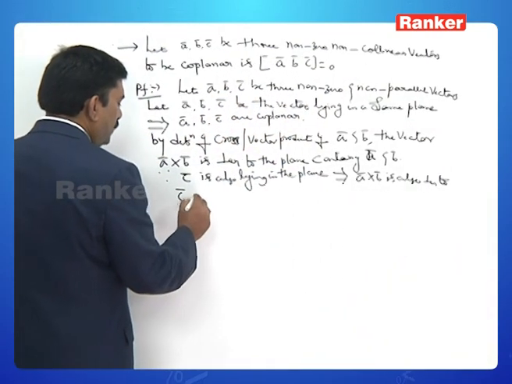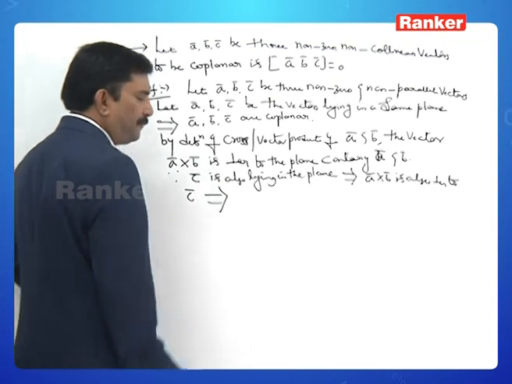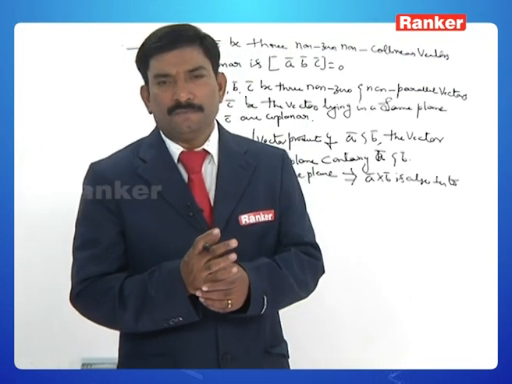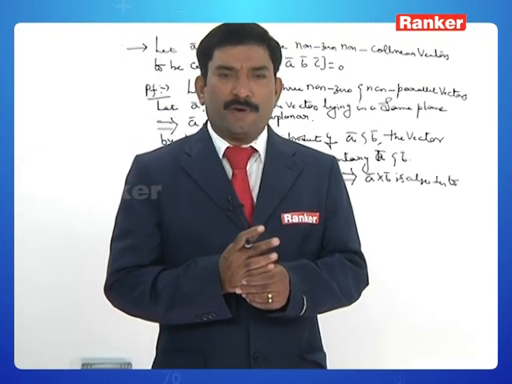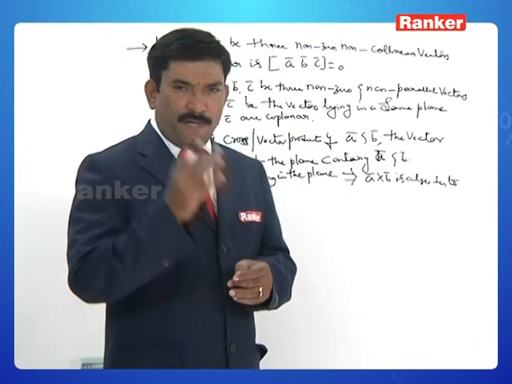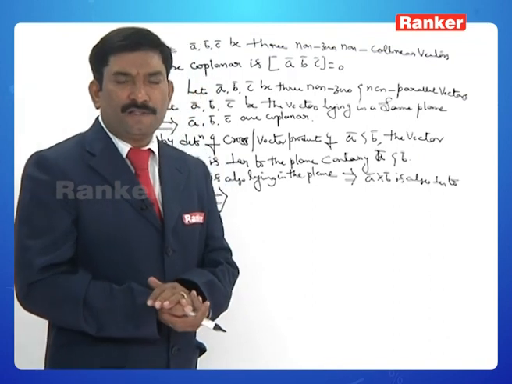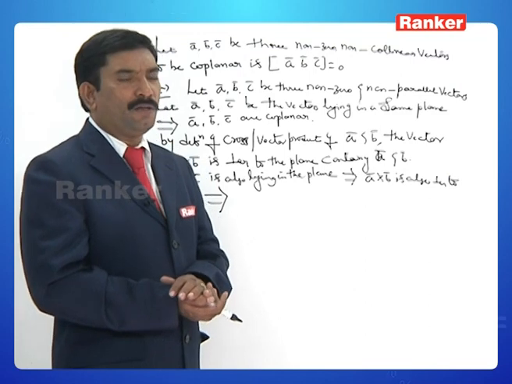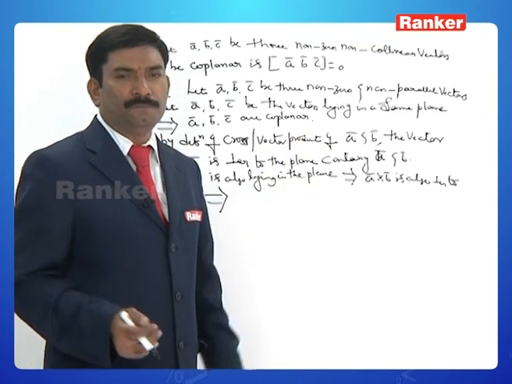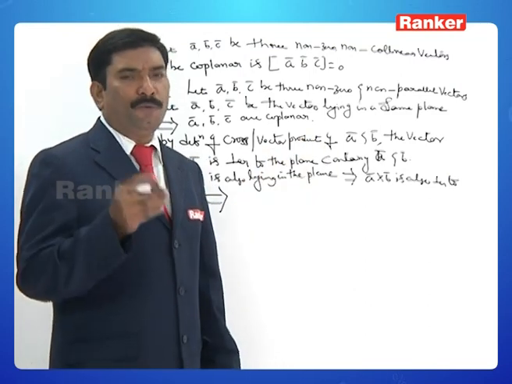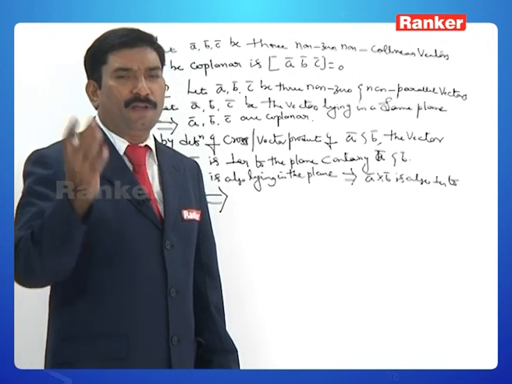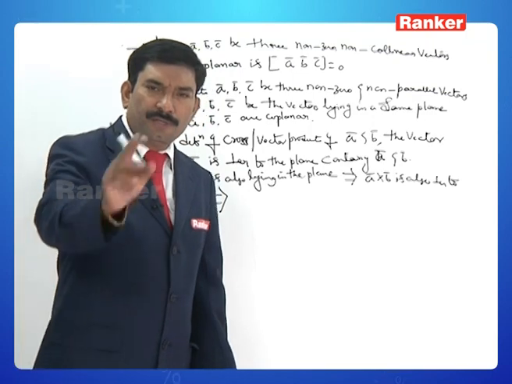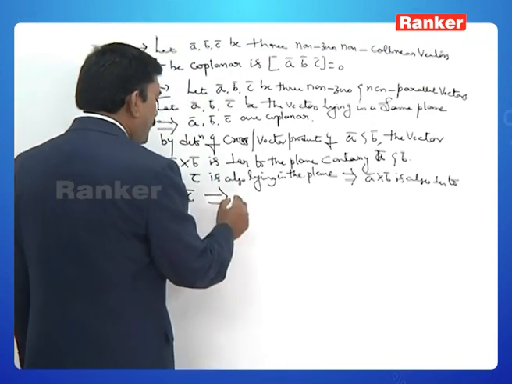So therefore, A cross B is also perpendicular to C bar, which implies, by definition of dot product, when any two vectors are perpendicular or orthogonal, their dot product is 0.